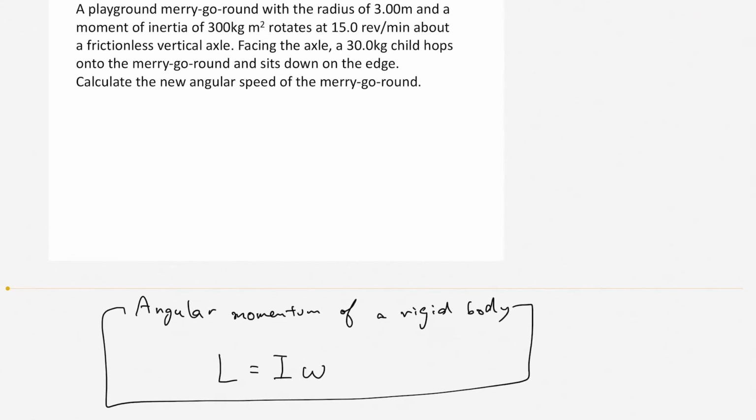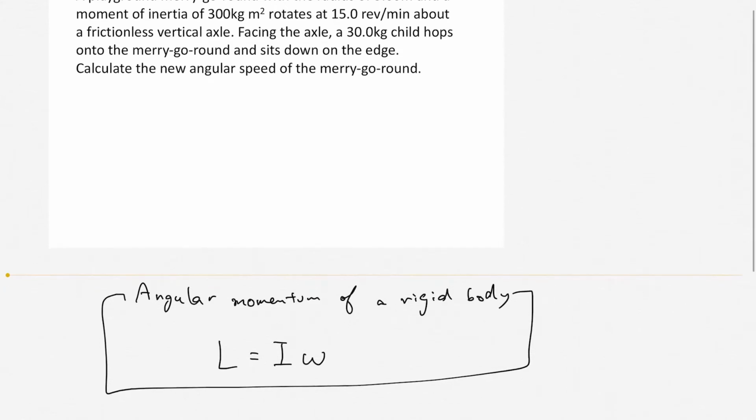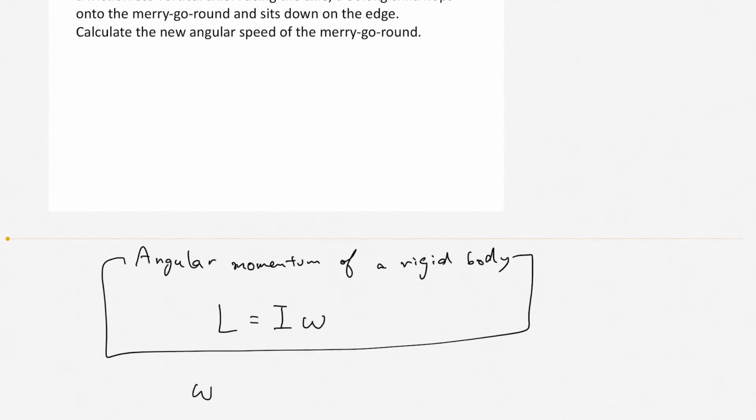So at first we'd like to find the angular speed before the child hops onto the merry-go-round. Angular speed is 15 revolutions per minute.